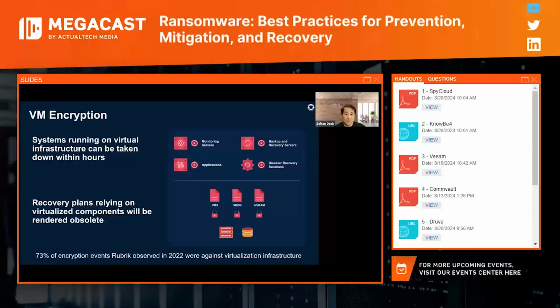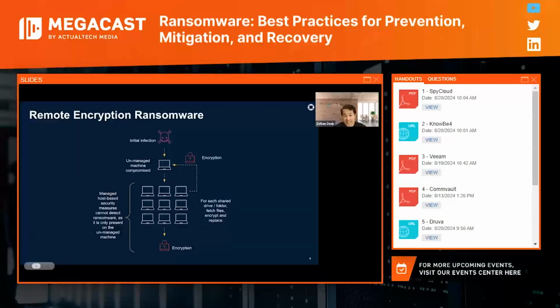So while many people think about ransomware as mass encryption of data, it can in fact be very targeted to deliver the most damage and take out defenses and your ability to recover quickly. Attackers are especially good at being able to target systems that are underprotected. So let's talk about another way that they do this.